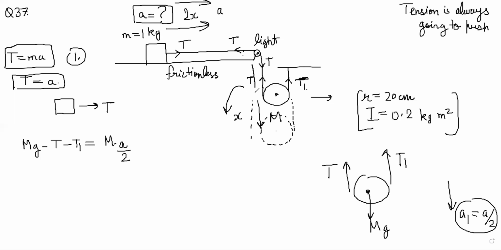That means this string is being pulled down, right? So if it is rotating like this, I have a torque equation for this. This torque is giving this type of rotation: T1 into R, and this torque is opposing that, minus T into R, is equal to I into alpha.